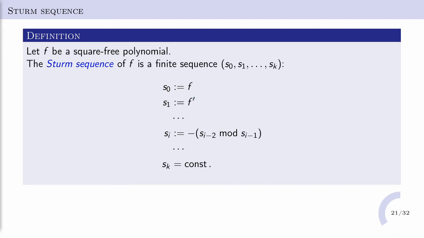And every other term is just minus the remainder of the division of the previous two terms. So S2 is minus the remainder of S0 modulo S1, and so on. We continue this process as long as the polynomials are non-constant. Once we arrive at a constant polynomial, we stop. So this is the definition of a Sturm sequence, and this definition can be directly converted into an algorithm.